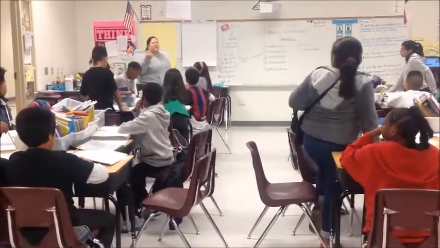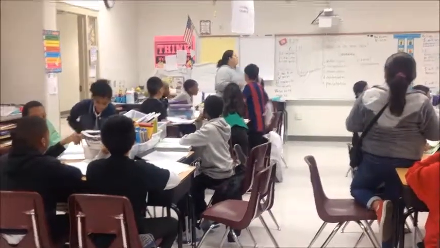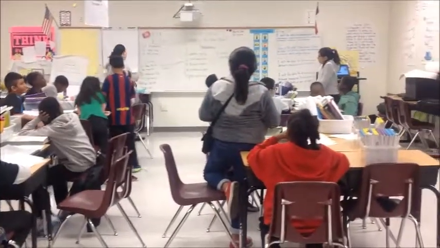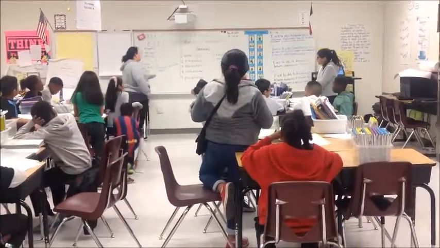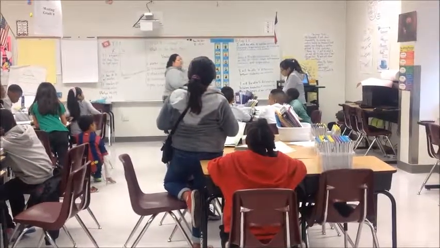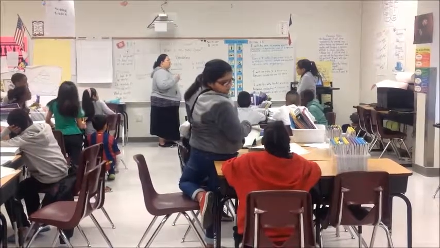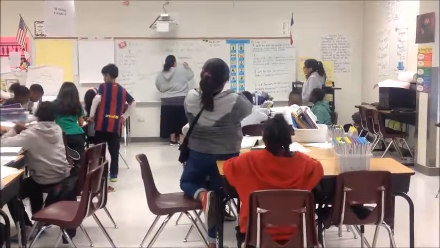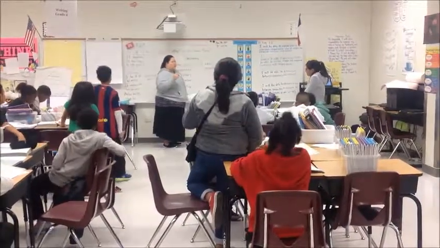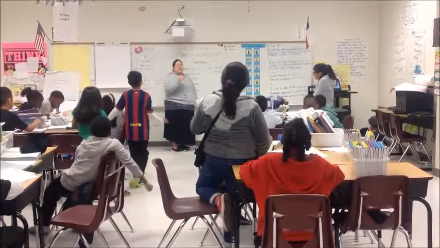All right, oldest person, I need you to stand up. All right, here we go. Anna's group. I need everybody to listen to Anna's group. What do you think that we should write as our definition for the water cycle? Water cycle is when the water is evaporating when it's... Okay.